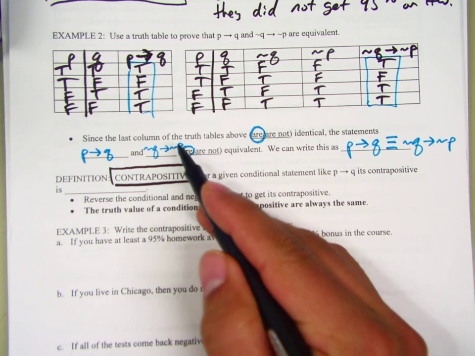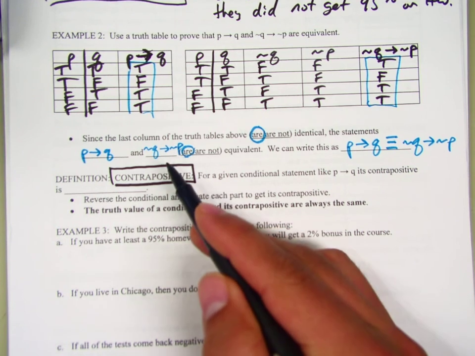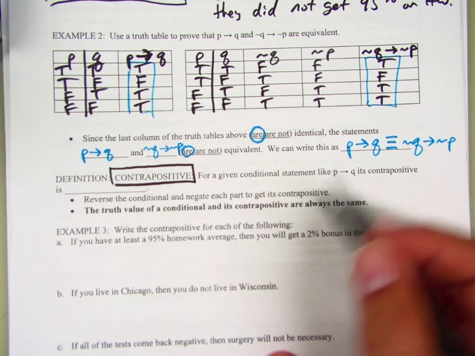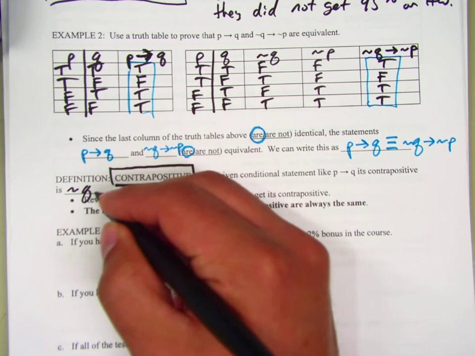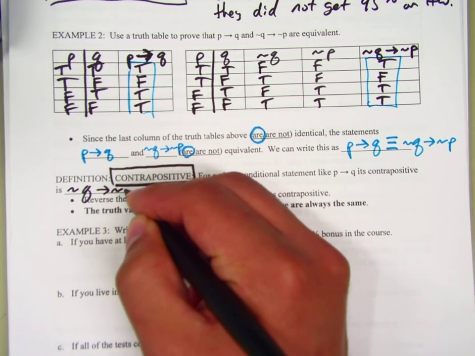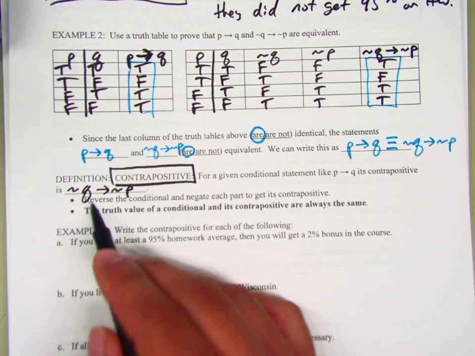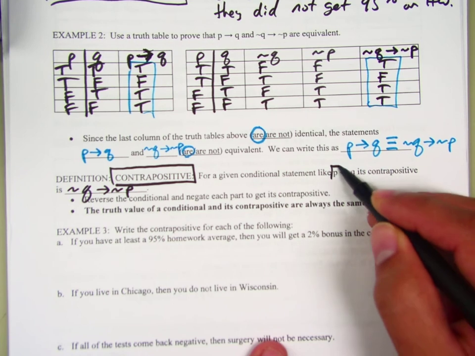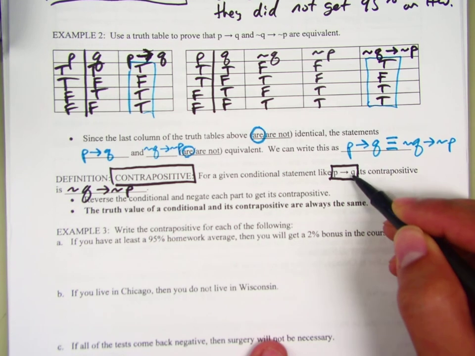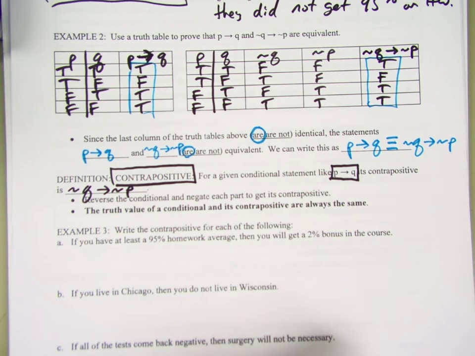The P and the Q switched, but they were both negated. Okay? So that would be negation of Q, then negation of P. So this is called the contrapositive. Okay, you need to know that. So when you see this statement, if you're asked to find the contrapositive, you just flip them and negate them, and then rewrite the if-then sentence.